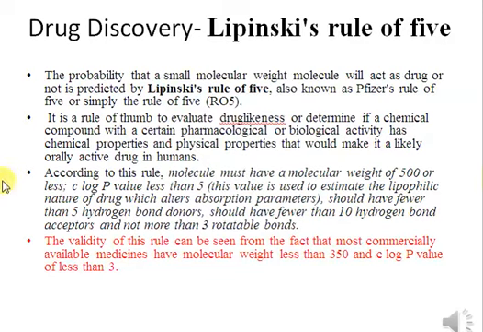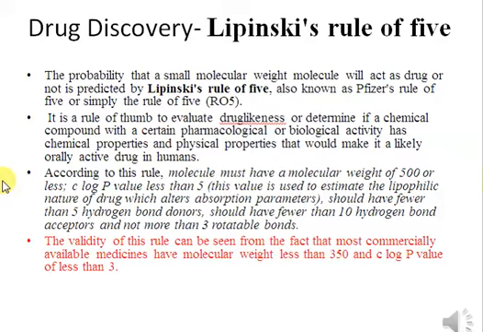Another thing that's very important in drug discovery is the rule known as Lipinski's rule of 5. It's also known as Pfizer's rule of 5 or simply the rule of 5, RO5. This rule helps to predict whether a molecule with a low molecular weight will probably act as a drug or not.